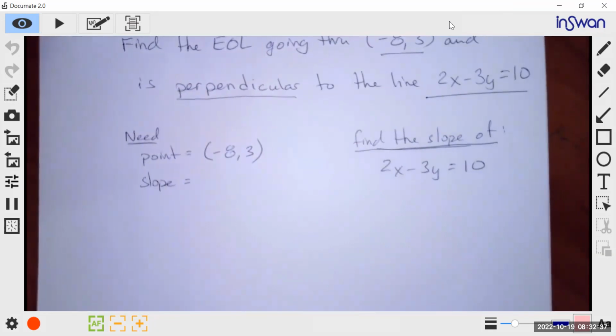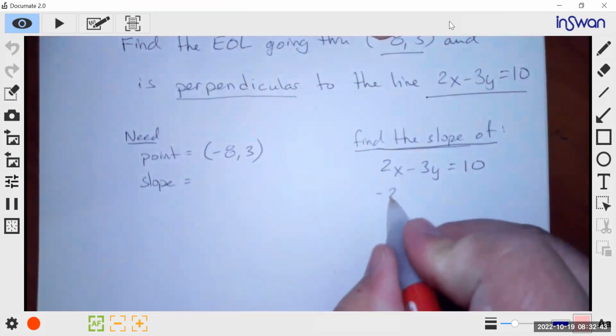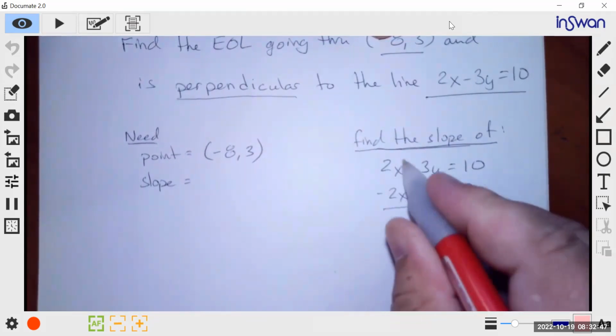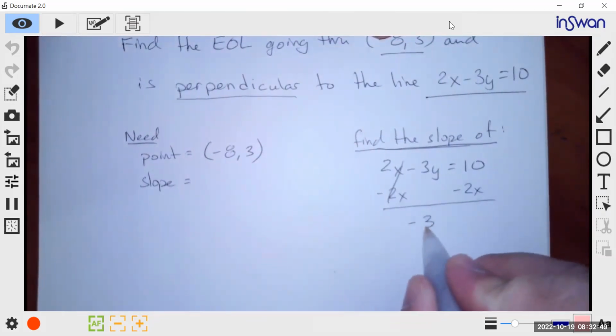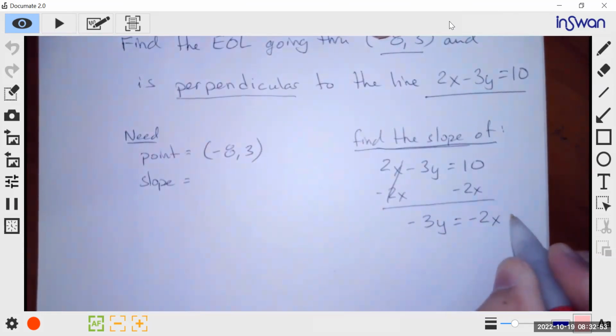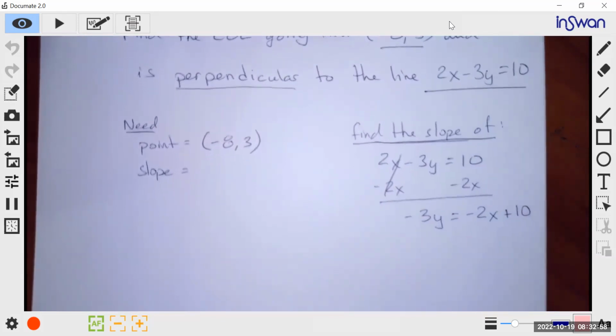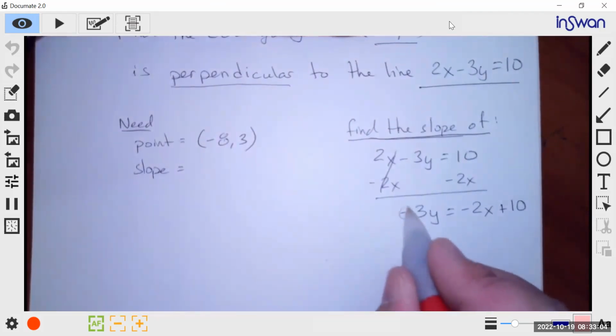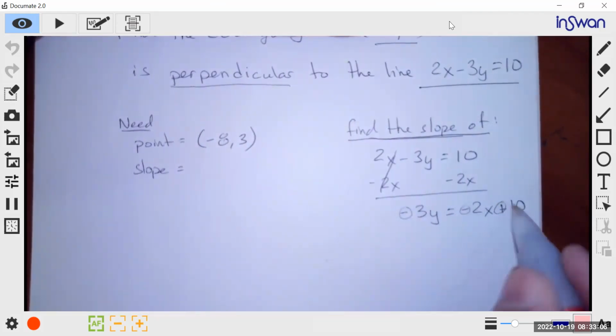How do we do that? Solve for y. So we subtract 2x from both sides. There's a negative in front of the y, so we change all the signs.